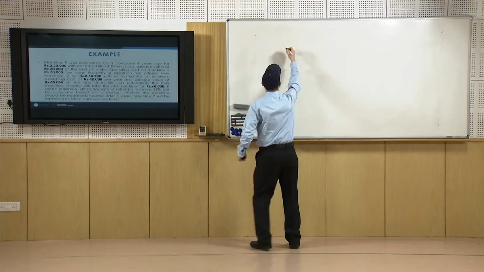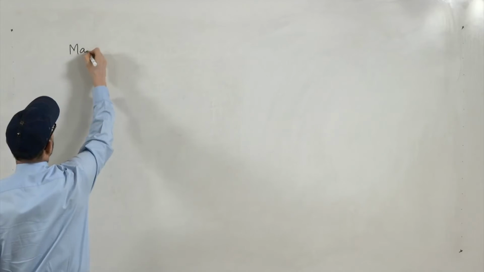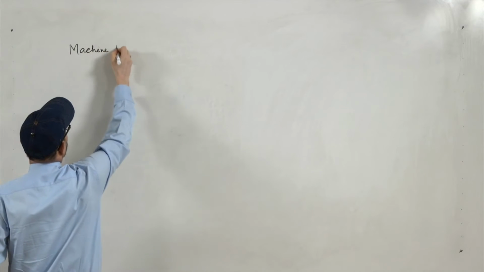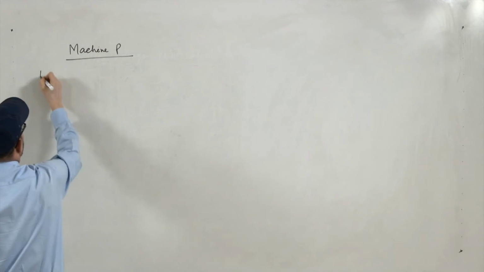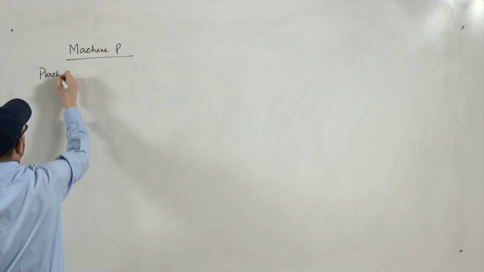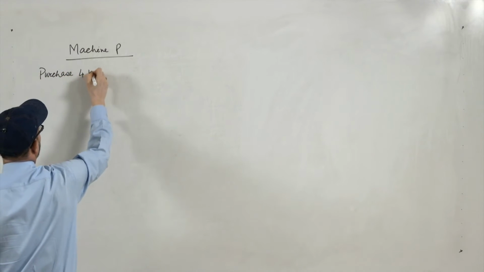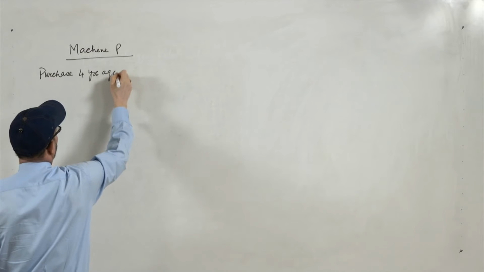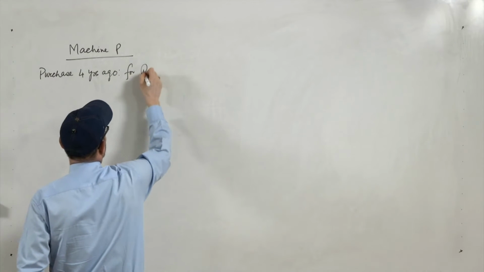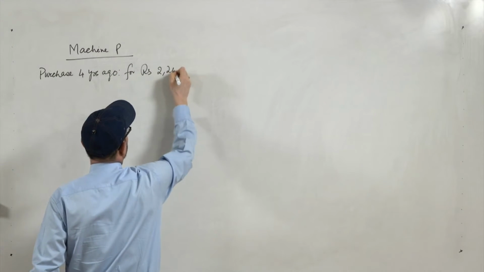So you have machine P, purchased 4 years ago for rupees 2,20,000.